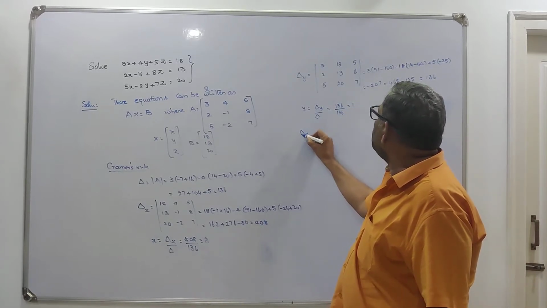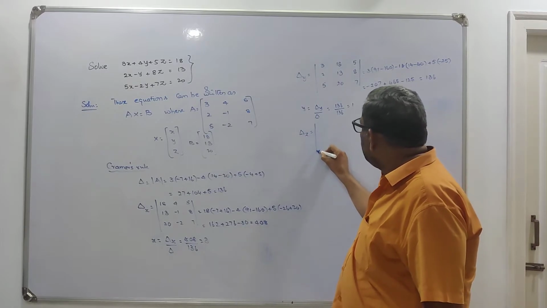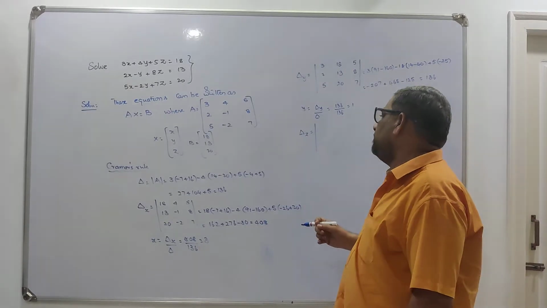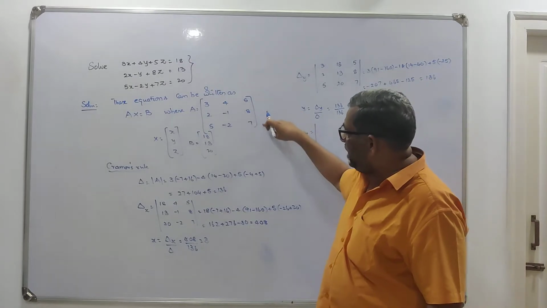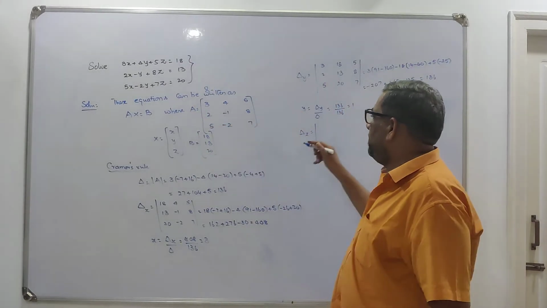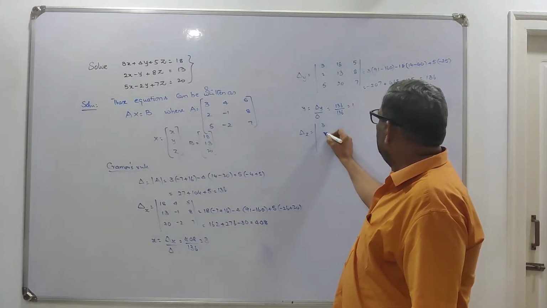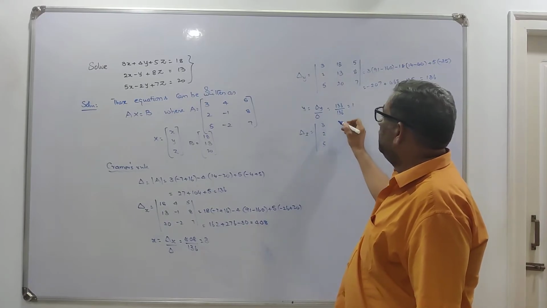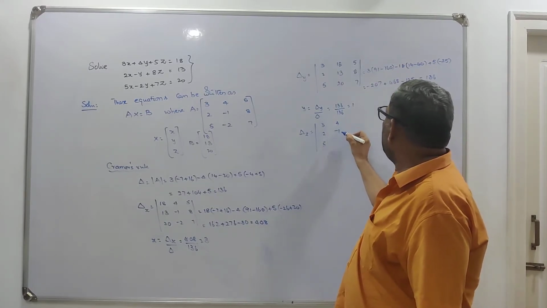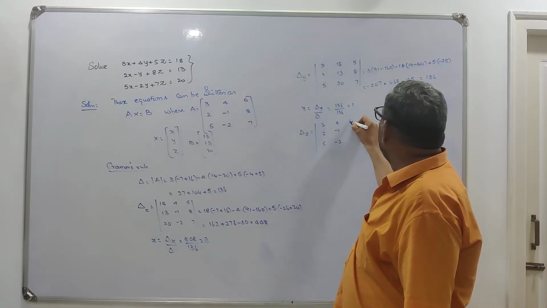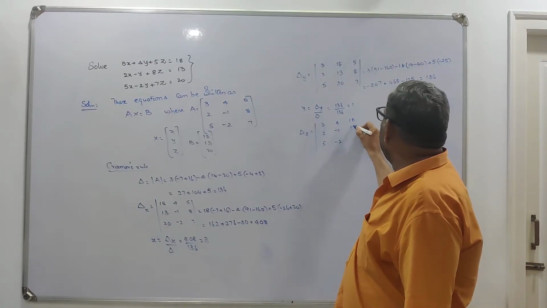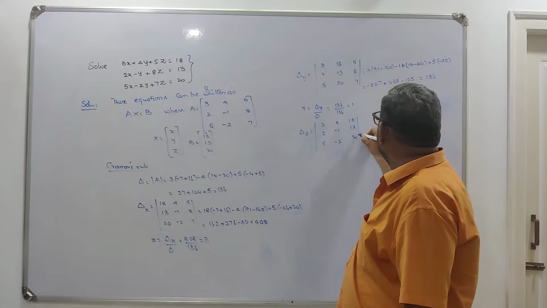Similarly, I will find delta z, which can be obtained by replacing the last column, that is the coefficients of z in A, with these elements. Same method: 3, 4, 18, 2, minus 1, 13, 5, minus 2, 20.